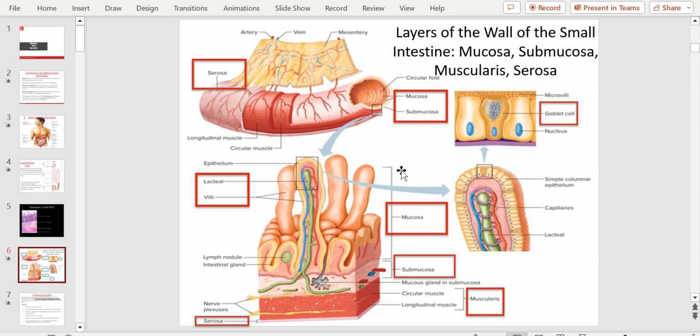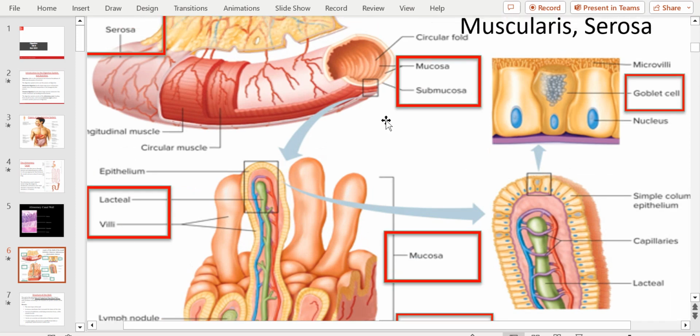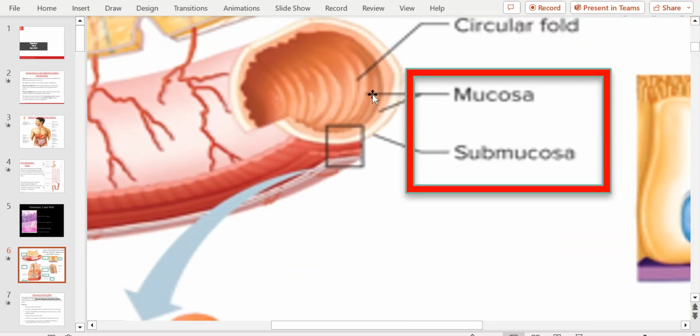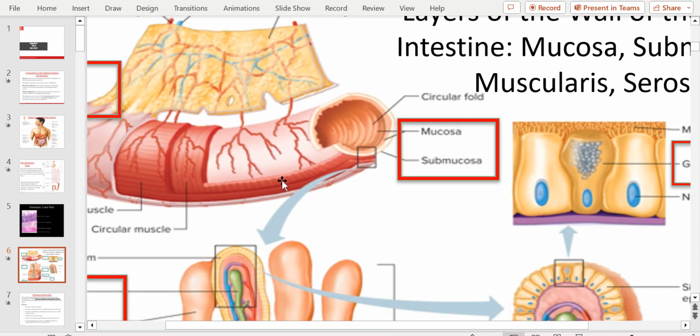Here are the layers of the wall of the small intestine. We're jumping ahead a little bit, but just to show you that those same 4 layers are there throughout the entire alimentary canal. If you go to the inside, there's your mucosa layer, and then you have the submucosa layer.